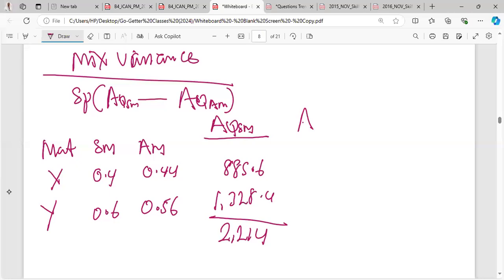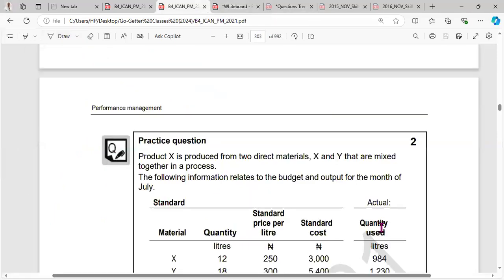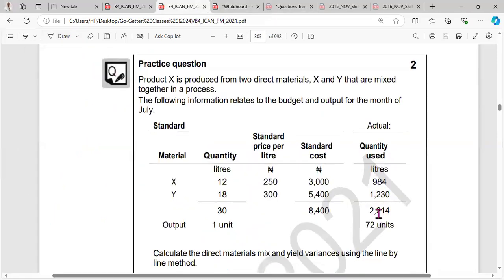Then we have actual quantity, actual mix. Of course, actual quantity, actual mix was given to us. We don't even need to work this out here; we just take what was given.